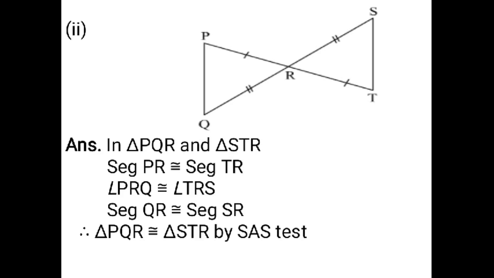If there are common sides in both figures, then it becomes the side test. You don't have any common sides in this figure, so you have to take the side angle side test. In between two sides, you have to take angle PRQ congruent to angle TRS, and then it becomes side angle side test. Okay, side angle side test, this way.